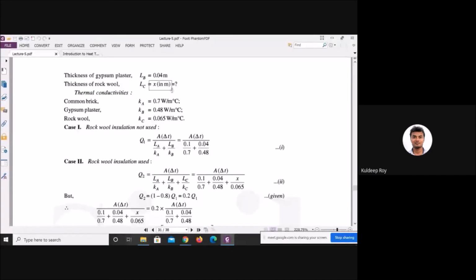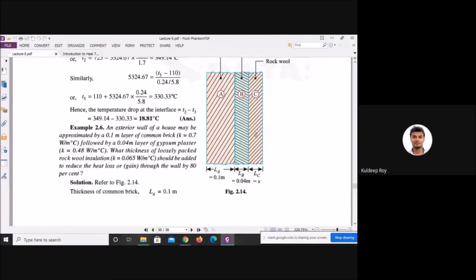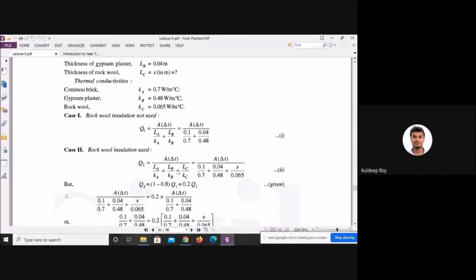Okay, how will you determine this value? You have to apply for the whole wall Q equal to KA (T1 minus T2) divided by the length. But here there are three kinds of resistance also. Then how will you approach? Now see, you have to apply Q2 equal to KA delta T, if this is the area, and if you assume it as constant, that will be okay.